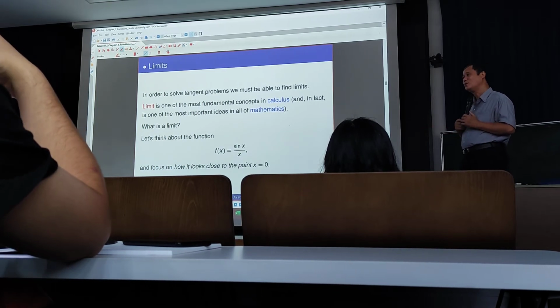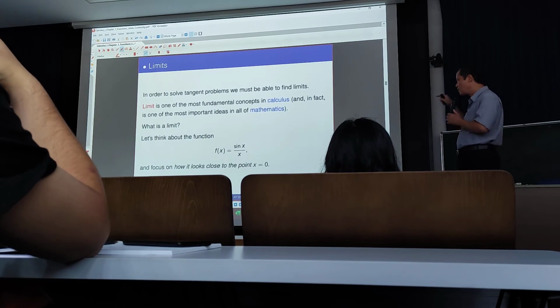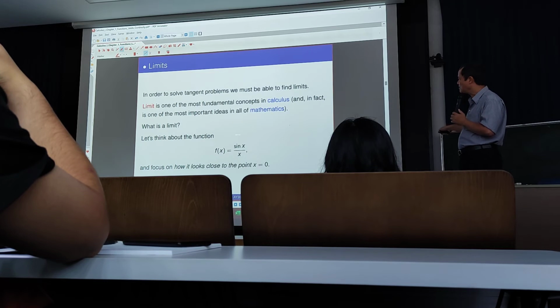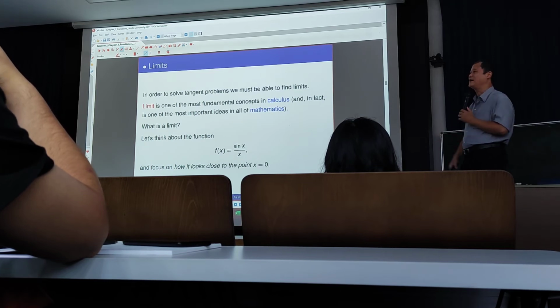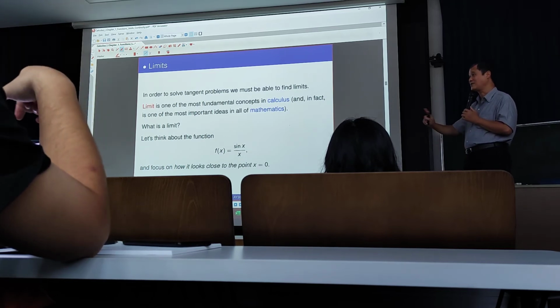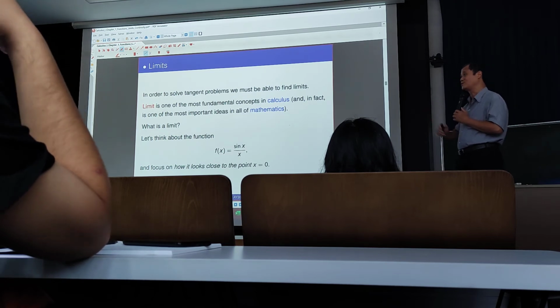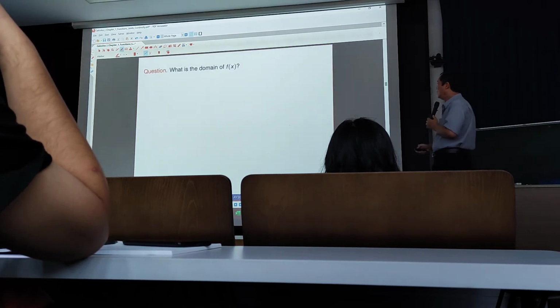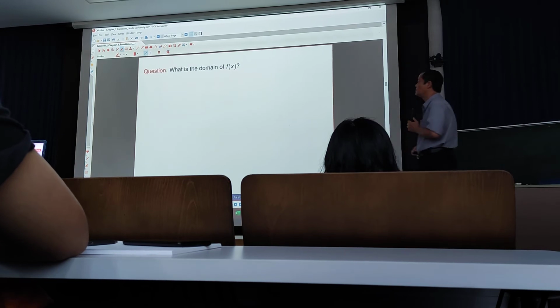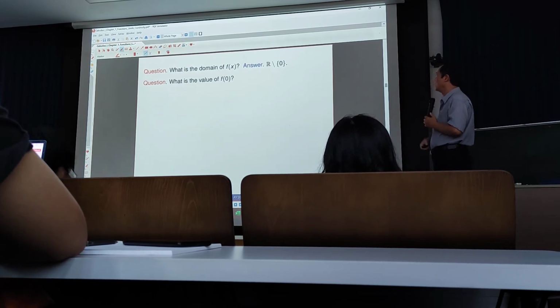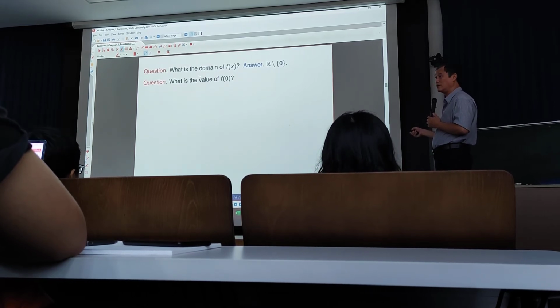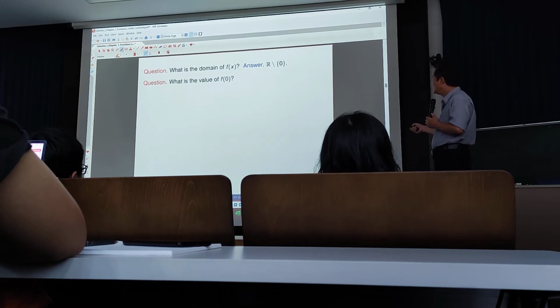But we want to know, if we go closer and closer to 0, what about the value of f(x)? Never touching 0, but going very close. First we want to see the domain. Yes, we know it is not 0, so the value at 0, we cannot talk about. A function not defined at 0 makes no sense there.